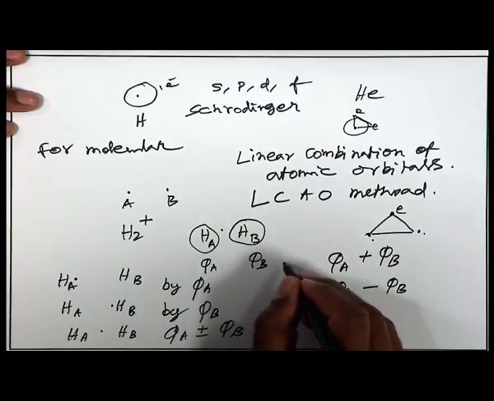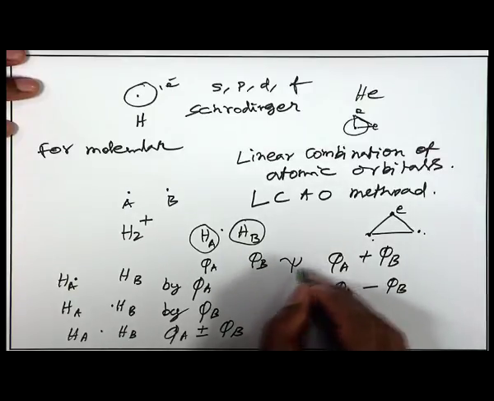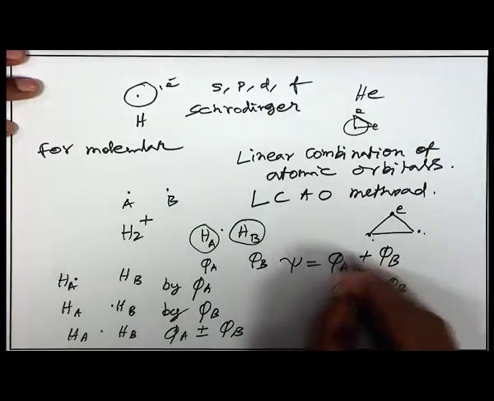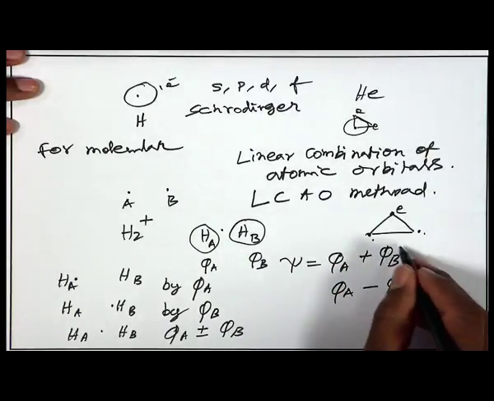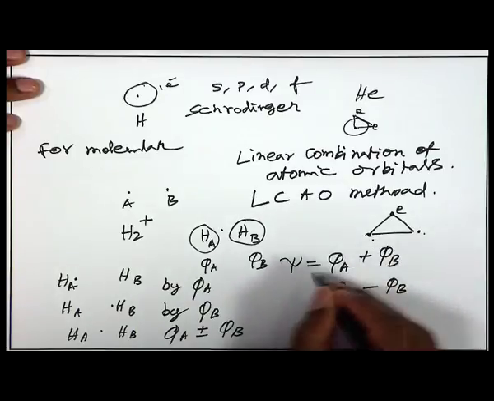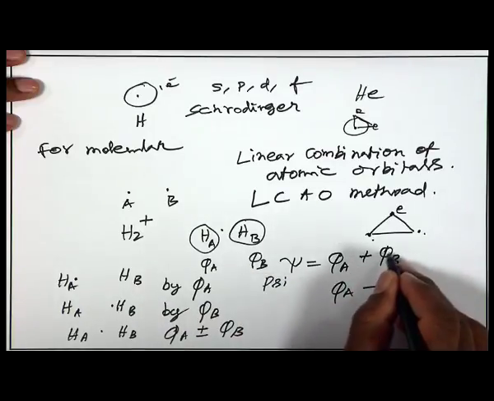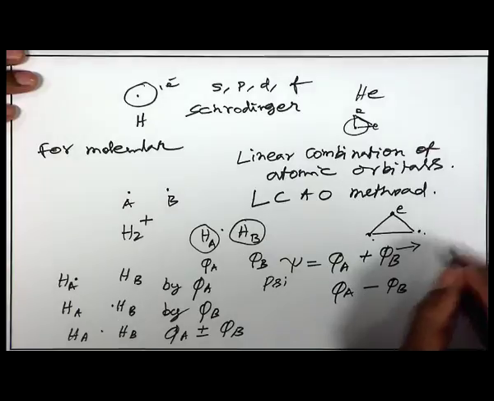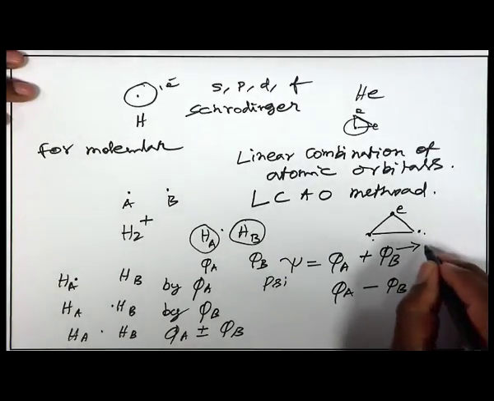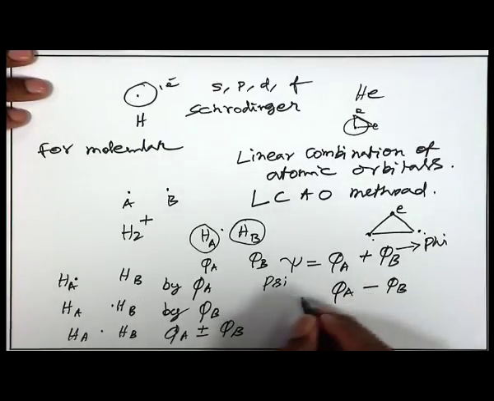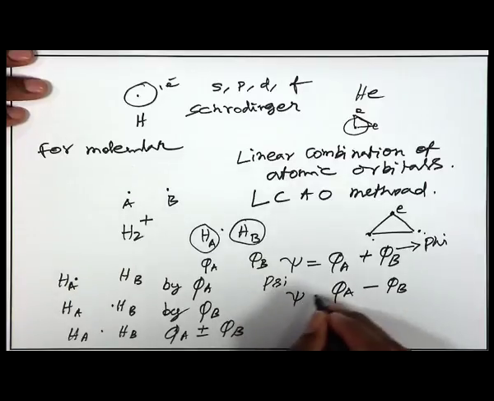This combination is represented by a wave function psi, equal to phi A plus phi B. This is the atomic wave function of hydrogen atom A, this is the atomic wave function of hydrogen atom B. The combination is represented by psi. Now, the other one is represented by another psi equal to phi A minus phi B.